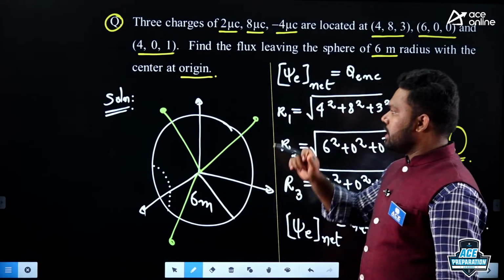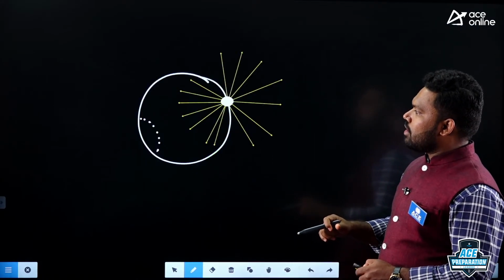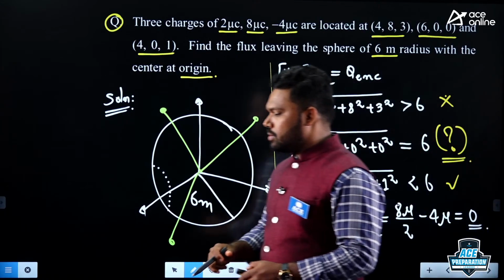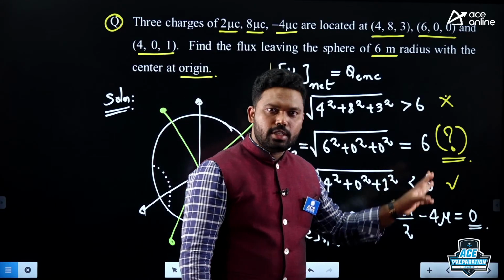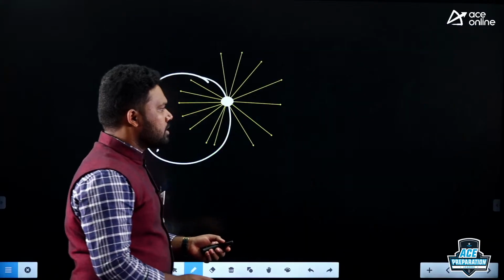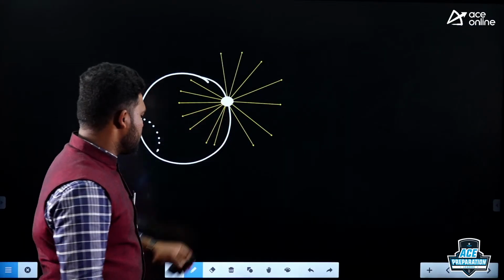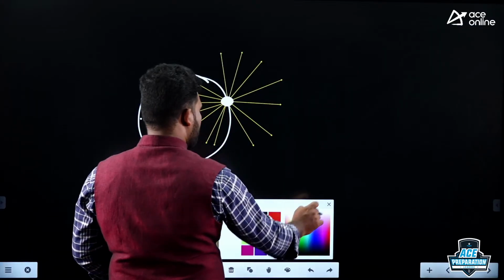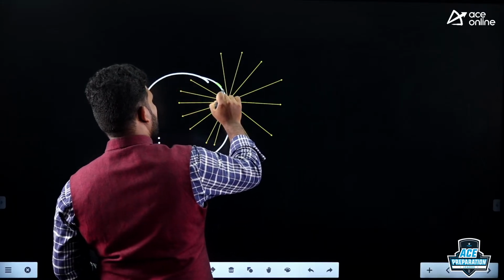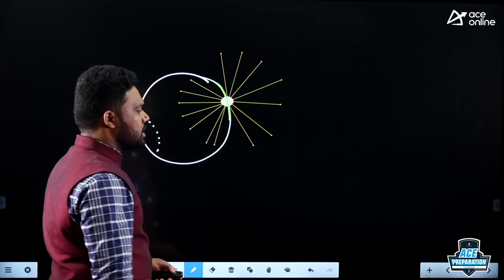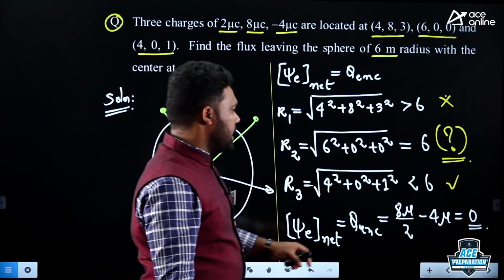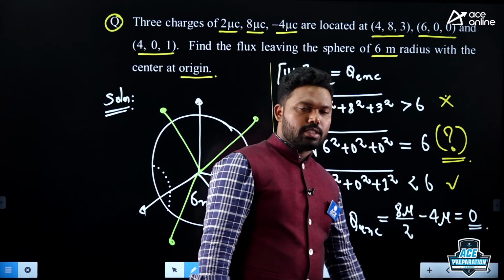Now, interestingly, I took one example where the charge happened to exist exactly on the surface. So what should I do? If the charge is exactly on the surface, half of the charge is inside the sphere and half is outside. So you need to consider half of the charge. So 8 micro by 2 minus 4 micro, which is 0.